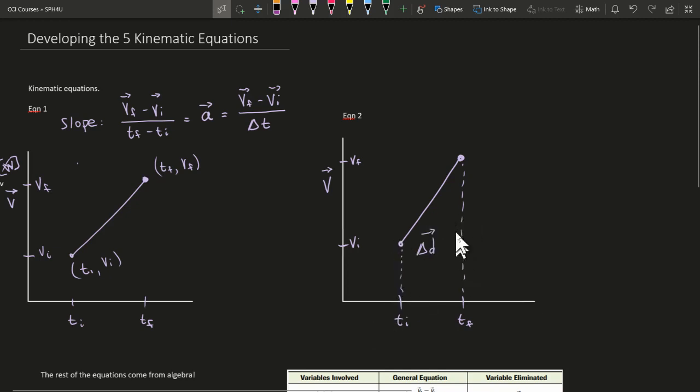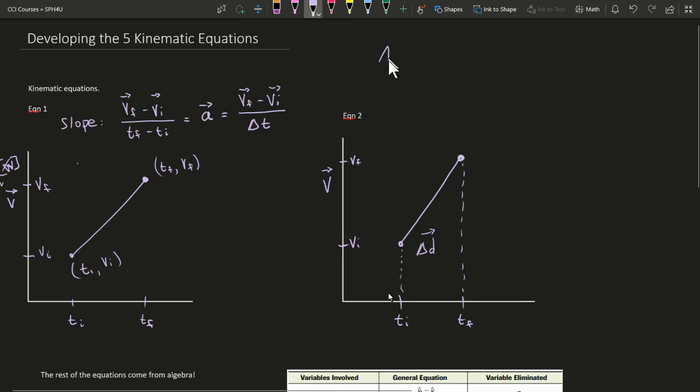Basically, if I look closely at this shape, I've got two parallel sides of a quadrilateral, and a shape with one set of parallel sides is known as a trapezoid. So if I try to figure out the area of this trapezoid, it's base 1 plus base 2 divided by 2, then you multiply it by the height.